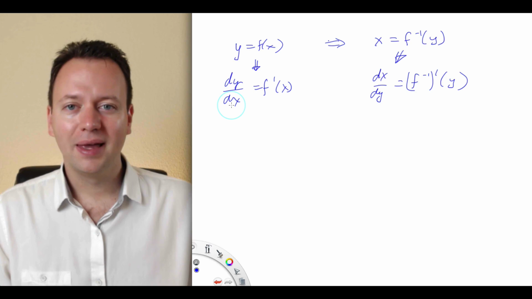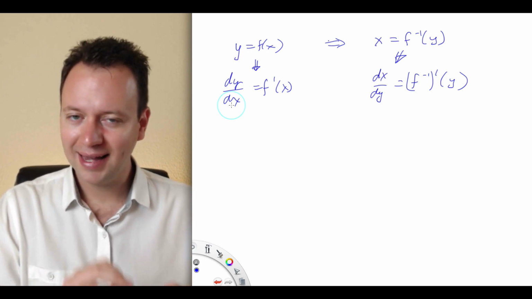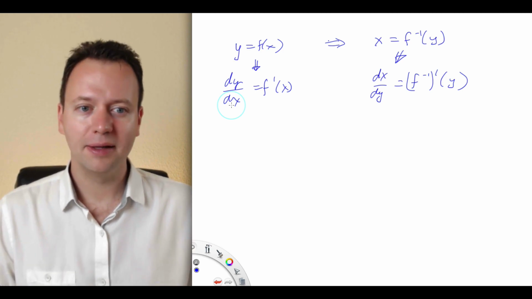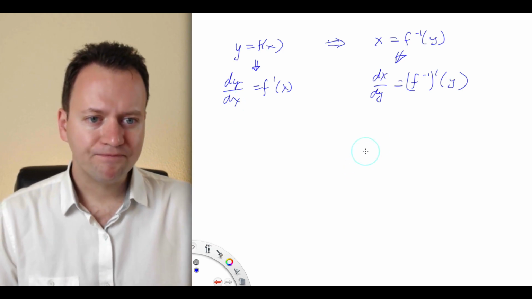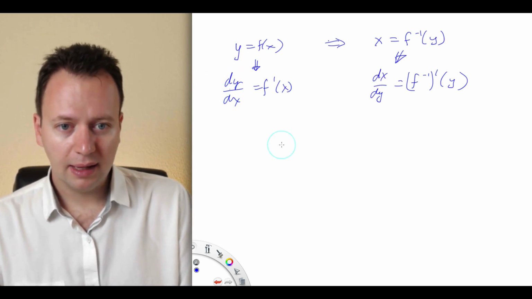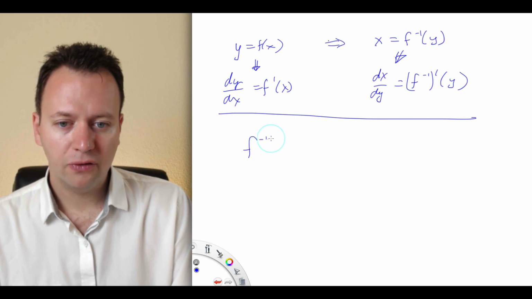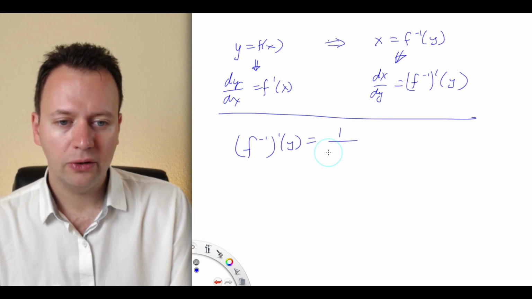Of course, to be precise about things, it's not entirely as simple as that, though that is the main idea. So let's write the following. f inverse prime of y should equal 1 divided by f prime of x.